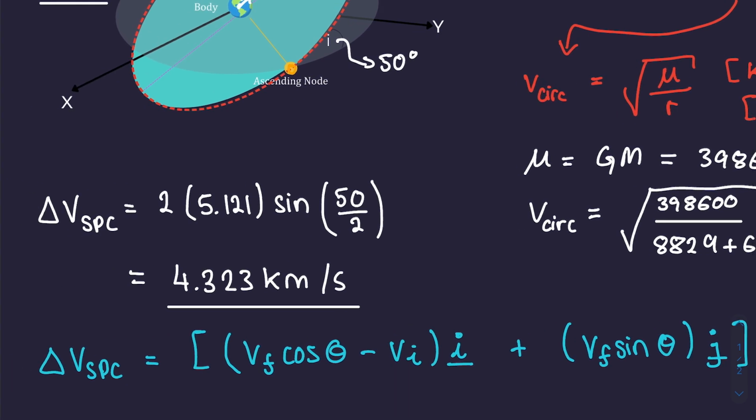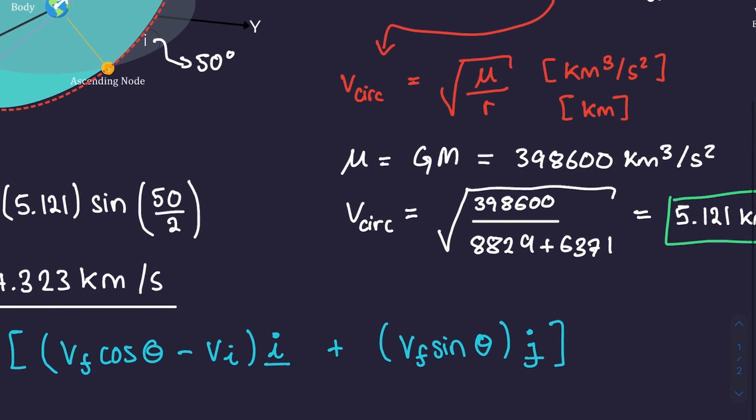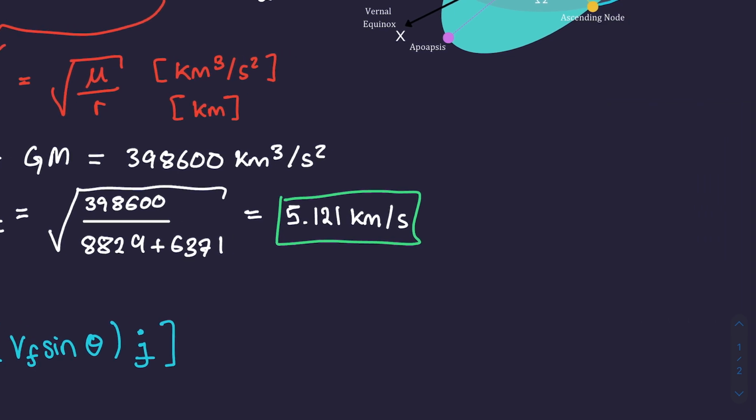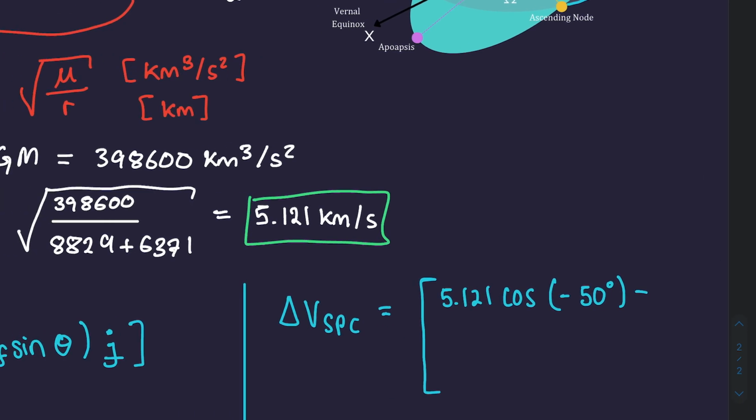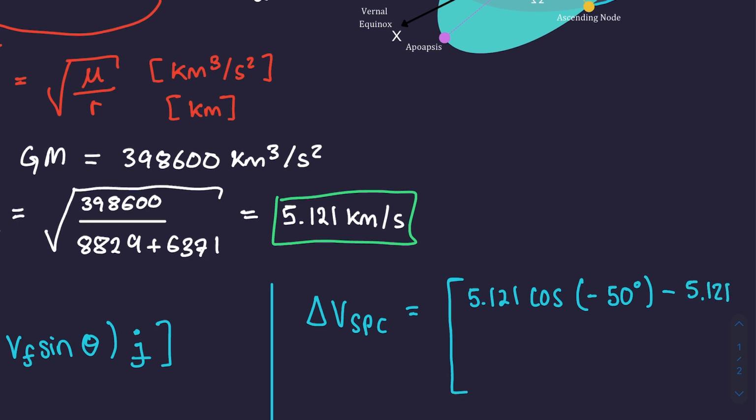Given that our initial and final velocities are the same, what we end up with is delta V equal to 5.121 cos of negative 50 degrees minus 5.121, and 5.121 sine of negative 50 degrees.